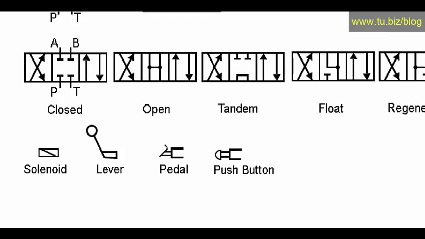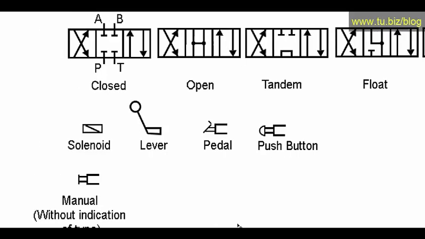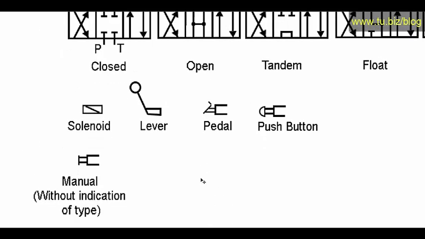We have a push button. We have a manual actuator. A manual actuator without indication of type. It doesn't tell you if it's a lever, a pedal, or a push button. It's just some sort of actuator that you have.